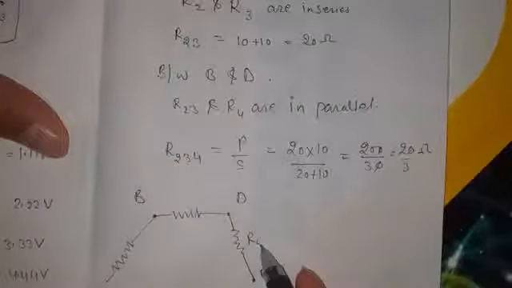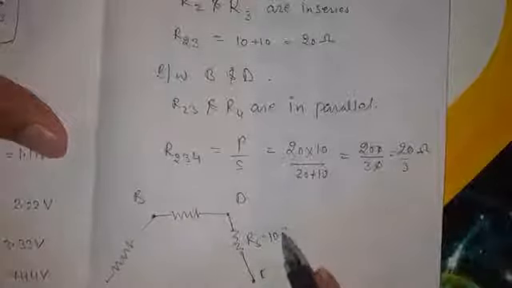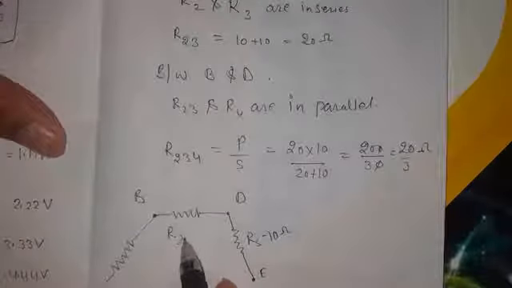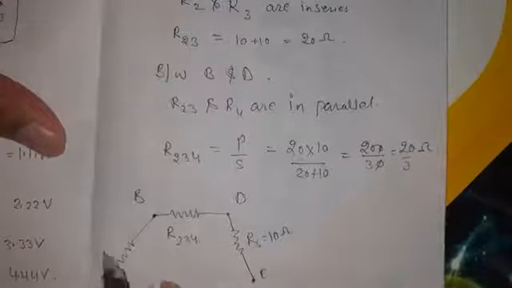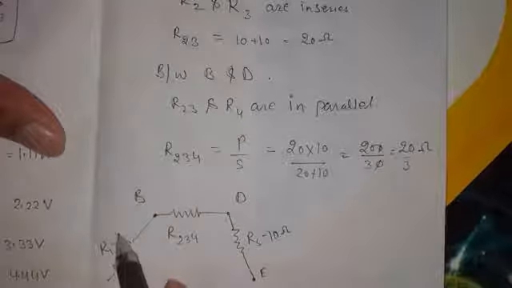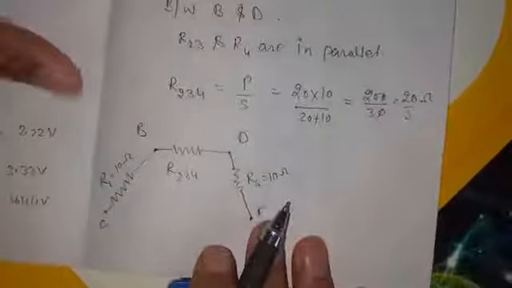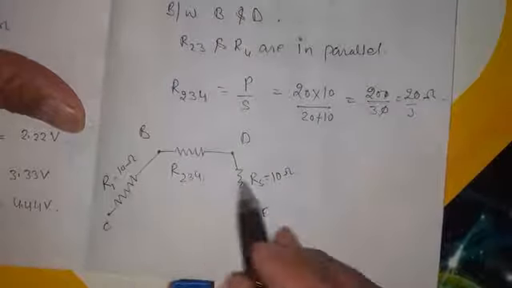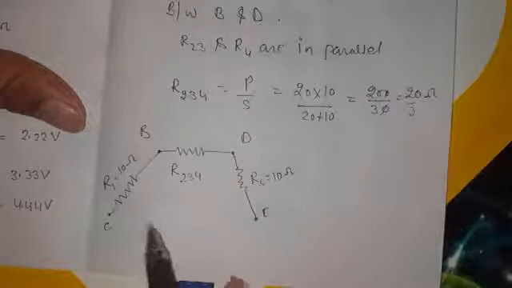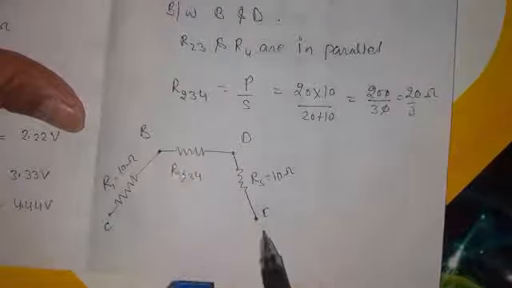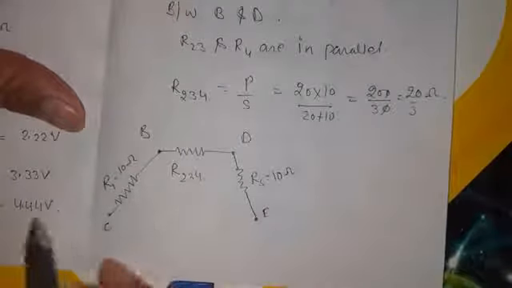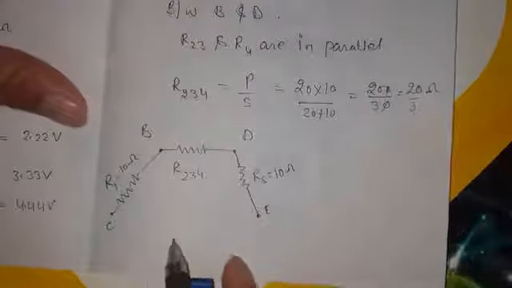This is the fifth resistance which we were using. This is now R234, and this is R1 which we have already taken. So this is the C point. Now look over there at how all are connected to each other. From C to E, there is only a single path, so that means they are in series.